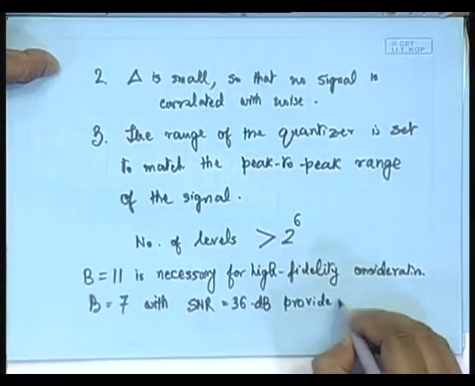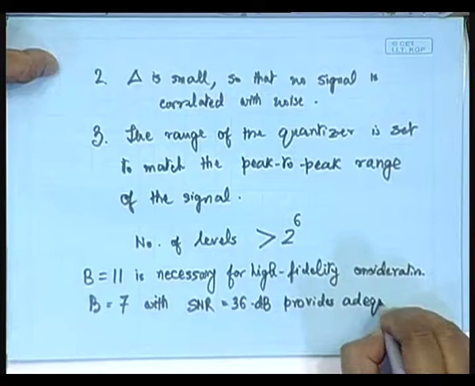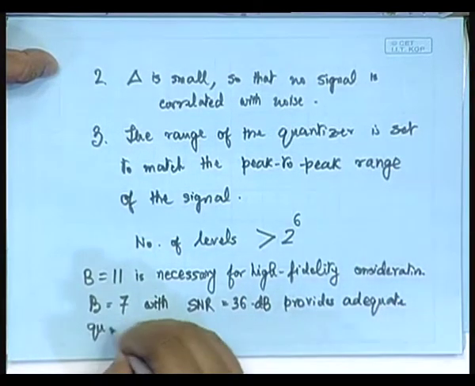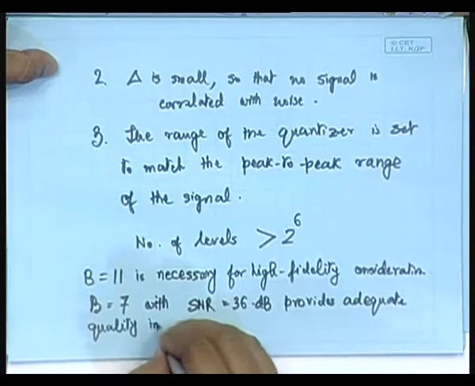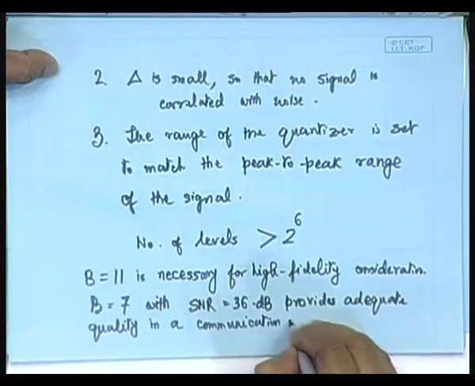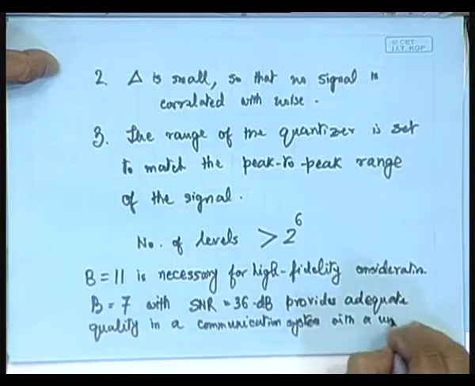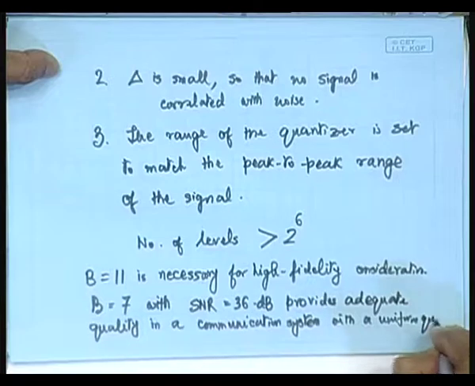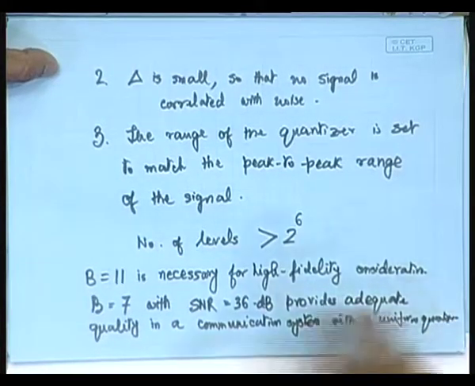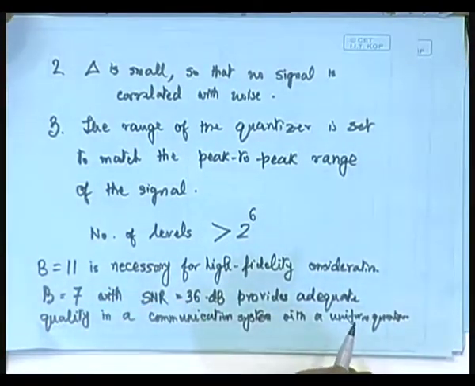So, this fact we remember. In a communication system, and of course, with a uniform quantizer. Again, mind you that whatever expressions we wrote down are valid for uniform quantization, because only for uniform quantization can you have that delta square by 12 coming in, right.